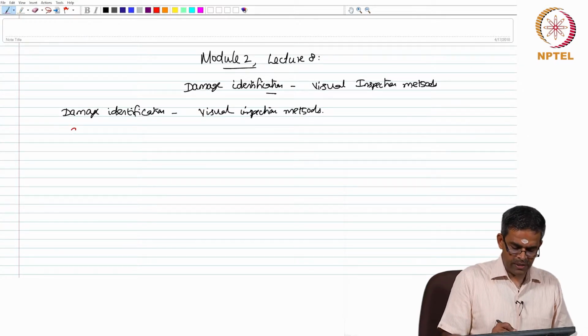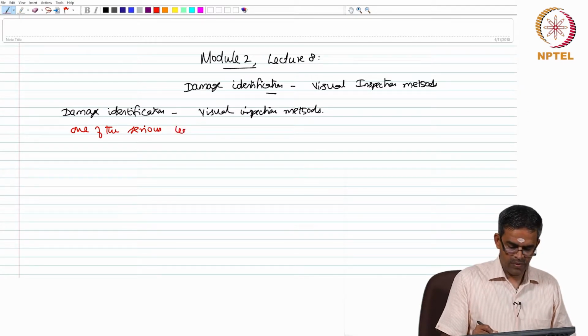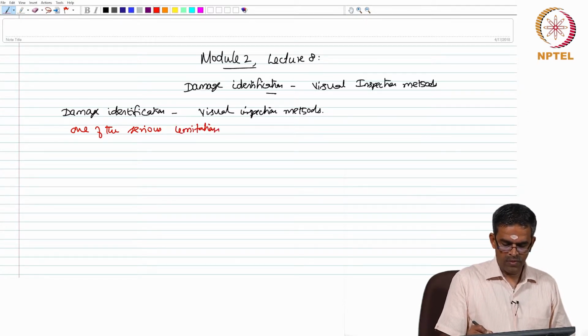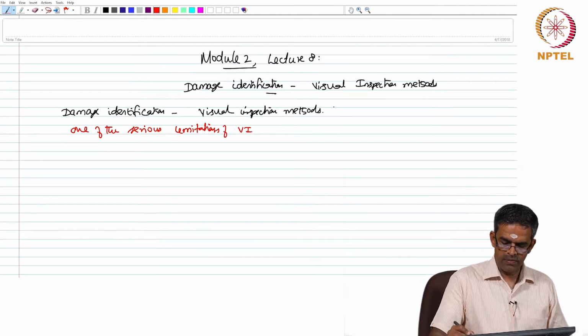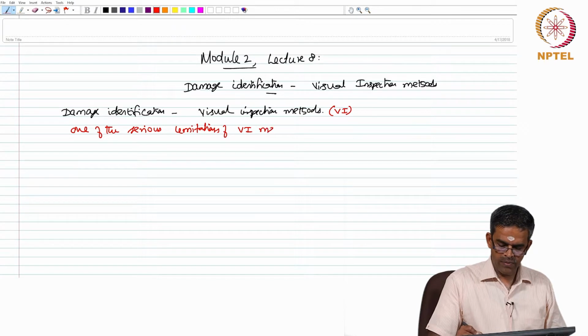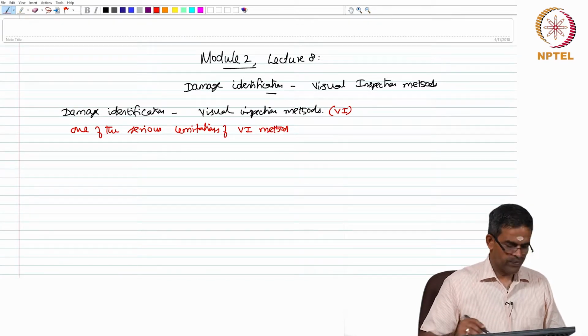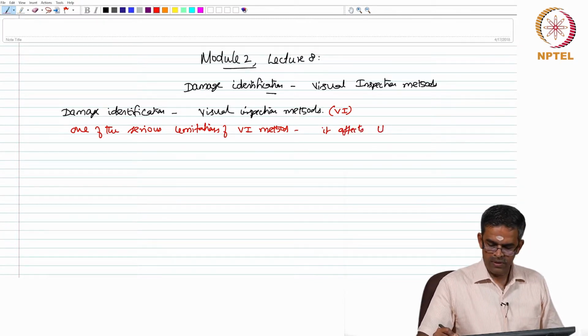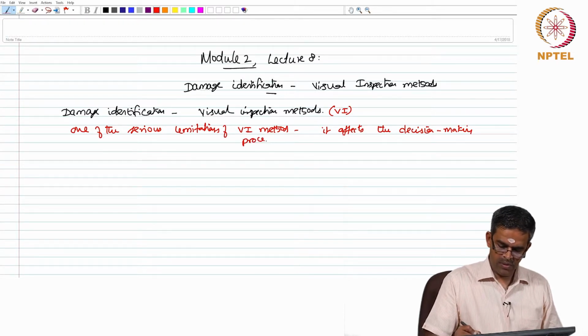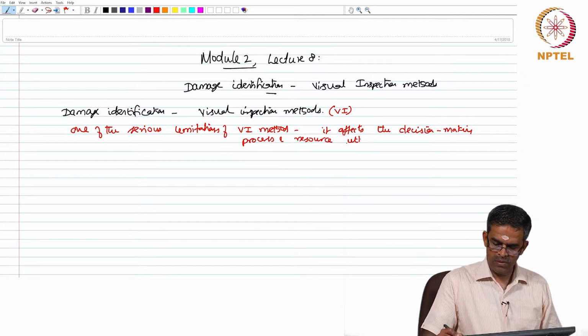One of the serious limitations of visual inspection method is that it affects the decision making process and resource utilization significantly.